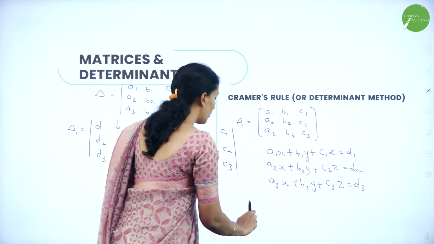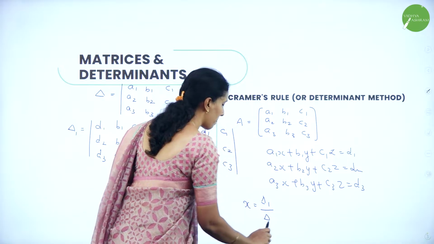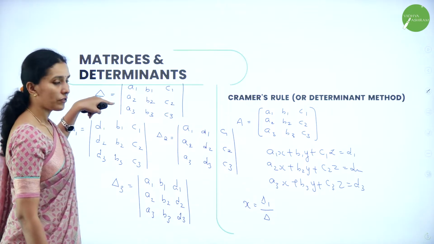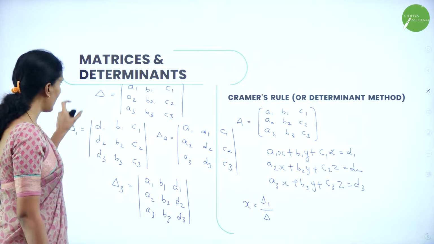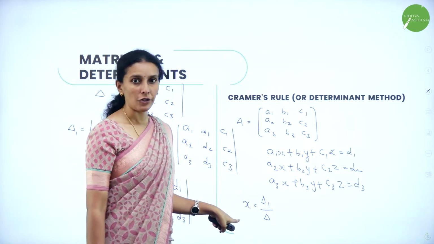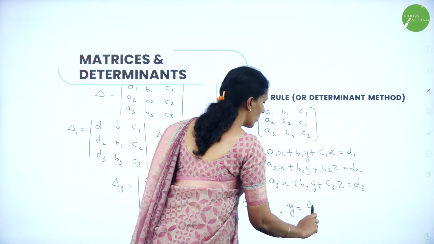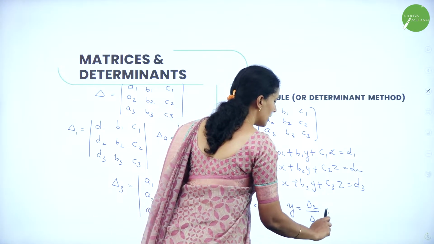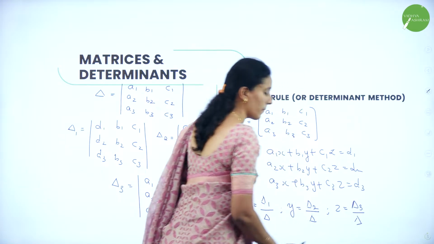You have to take x is equal to delta 1 by delta. You will get the values of the determinants delta 1 as well as delta. If you divide delta 1 by delta, you will get the value of x. Similarly, to get y, you should find delta 2 by delta. Similarly, to get z, you should take delta 3 by delta.